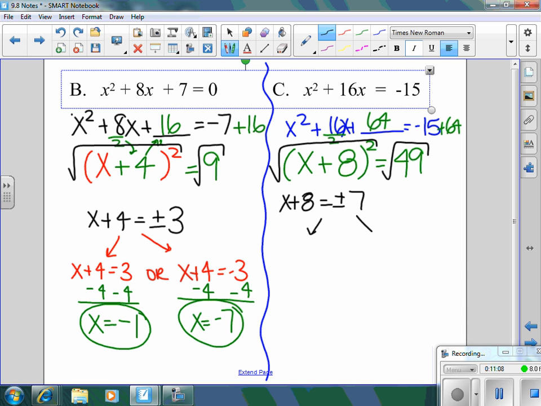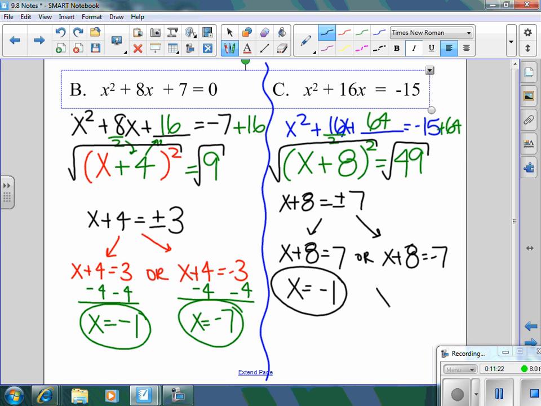Split it up into two possibilities. This stuff could equal positive 7, or this stuff could equal negative 7. First one, you're going to get negative 1. Next one, we're going to end up with negative 15. Those are our two possibilities.